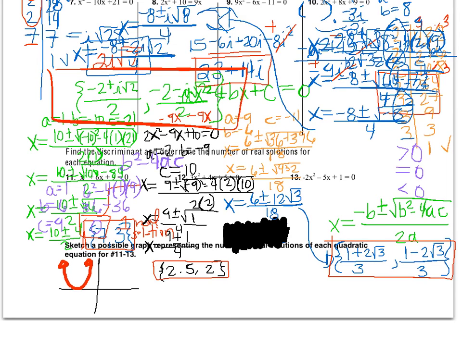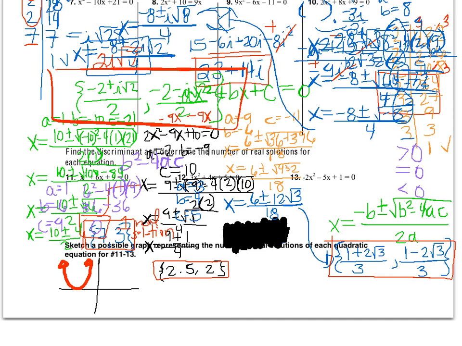All right, let's look at number 12. Number 12 is already set equal to 0. So our A is 3, our B is 4, and our C is 5.